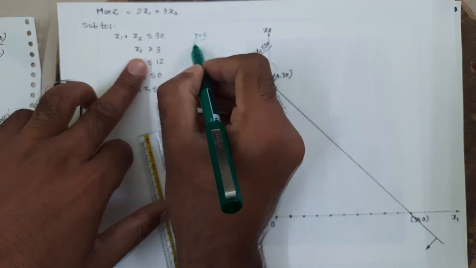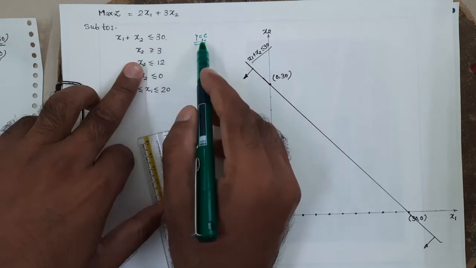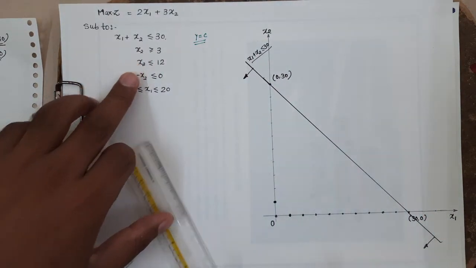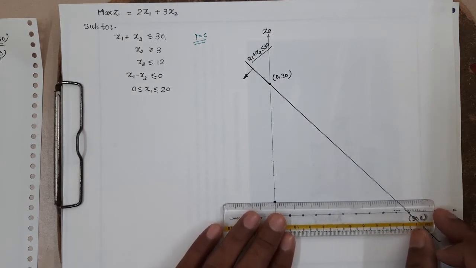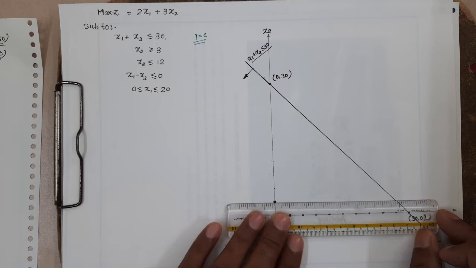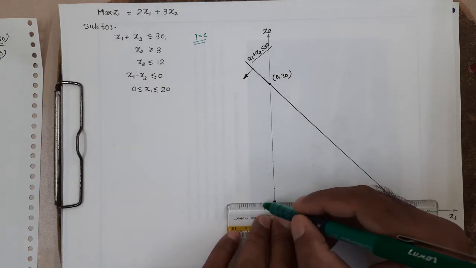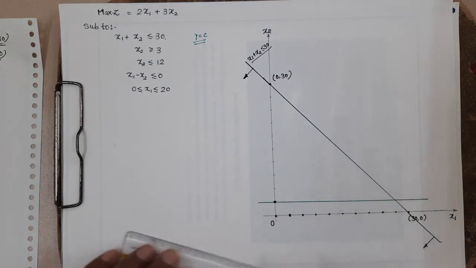We have taken x2 as y, so this is y equal to 3. There will be a line parallel to the x-axis. So I can draw the second constraint like this: a line parallel to x1 having intercept on the y-axis of 3 units.